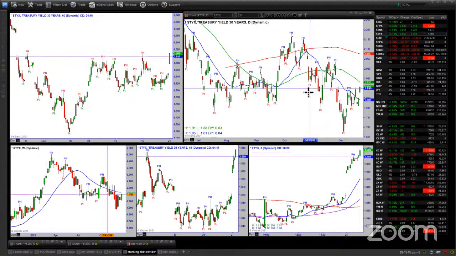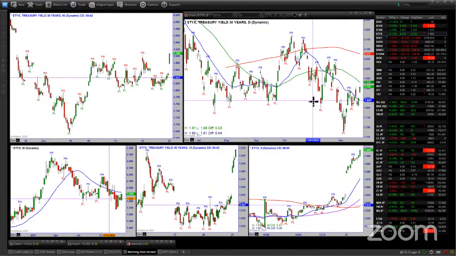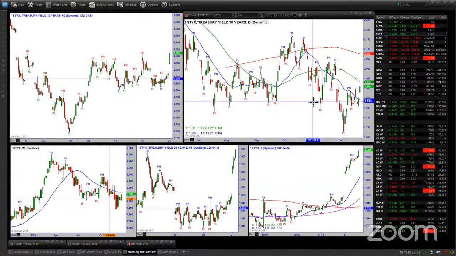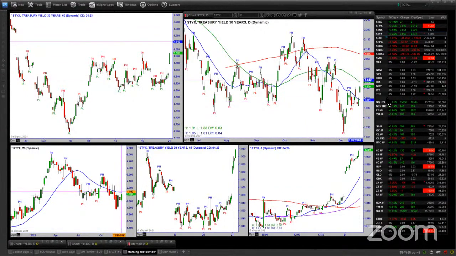I have seen times where interest rate movement on a 1-minute chart would affect what's happening in the S&Ps. And things evolve, and all of a sudden, the markets could care less about what's happening with interest rates on such a minor time frame.